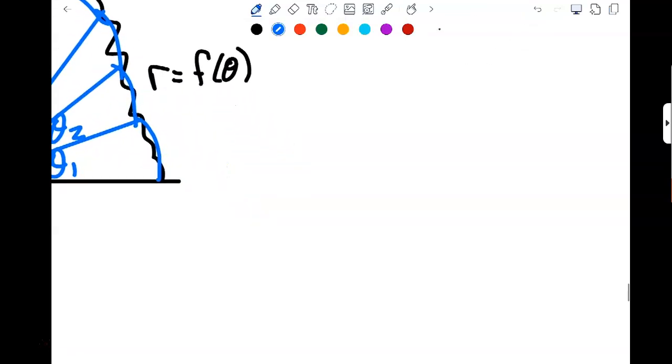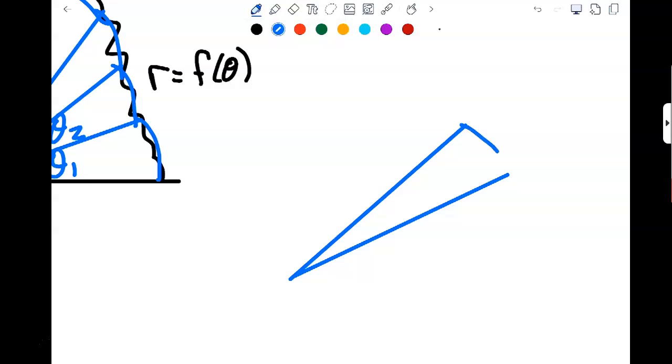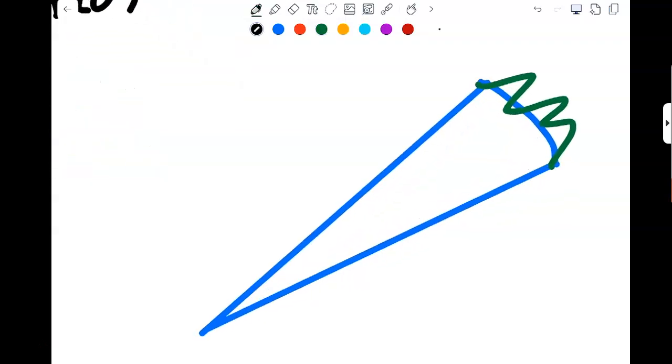So on our one interval, let's say that we're here. Again, we don't know exactly what the function is doing. It could be doing something a little complicated, a little ugly there, but we're only worried about what's going on with our approximation. And our approximation would have some radius r sub i.